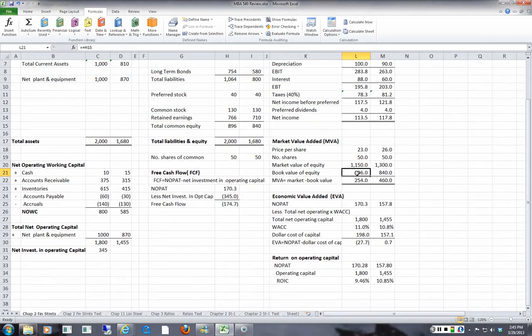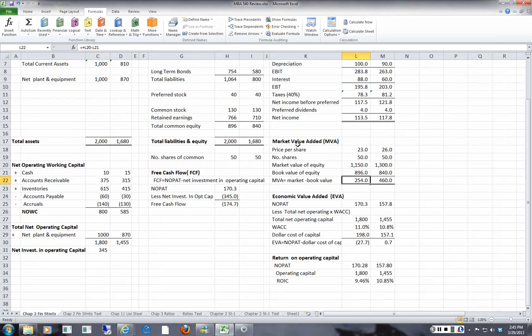And from that, we are going to deduct this total common equity of $896,000 and $840,000. So the market value added, MVA, you take the difference between the market value of equity and the book value, which says market value added has been increased by $254,000 in 2010 and $460,000 in 2009.